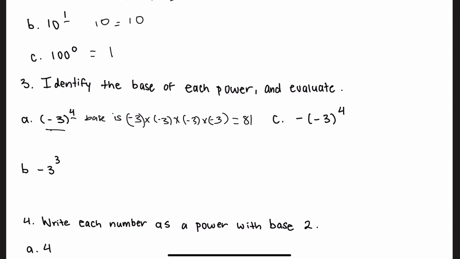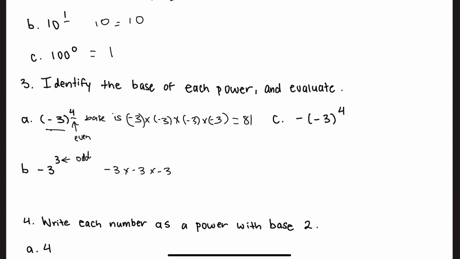Now, B, minus 3 to the power 3. So one thing you guys have to know is, look over here. This 4 is even, whereas here, it's odd. So whenever there's an odd exponent on a negative base, it's always going to be minus, because let me show you guys why. So this is going to be minus 3 times minus 3 times minus 3.